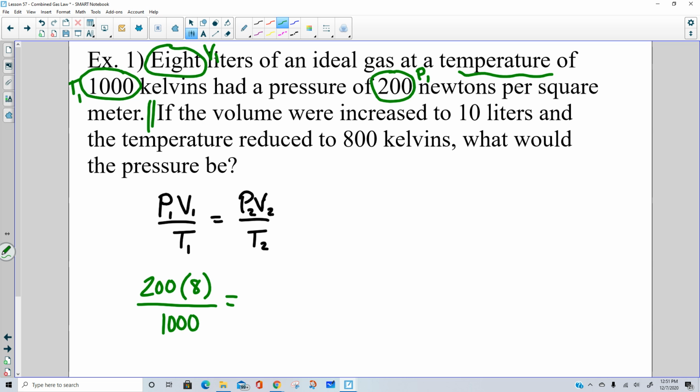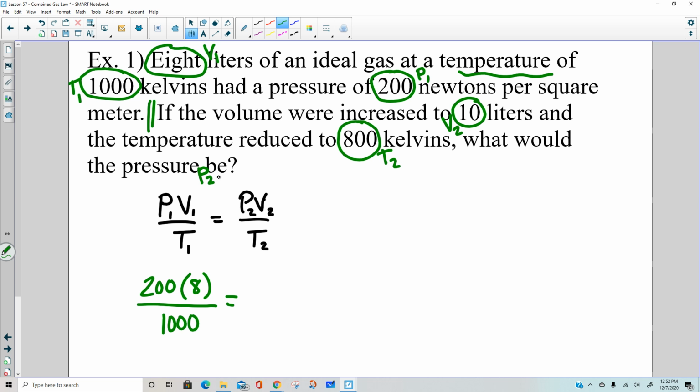Okay, great. Let's continue reading. If the volume were increased to 10 liters, so this is my changed condition, that's my volume changed V2, and the temperature reduced to 800 kelvins, that's my T2, final temperature, what would the pressure be? P2.